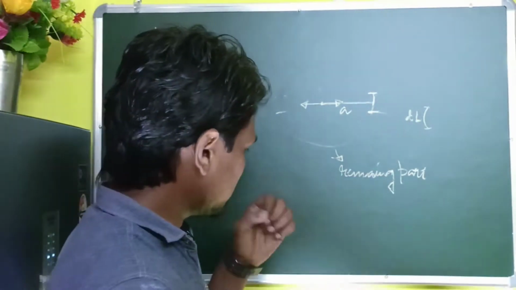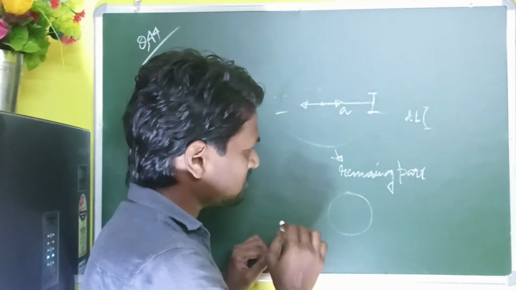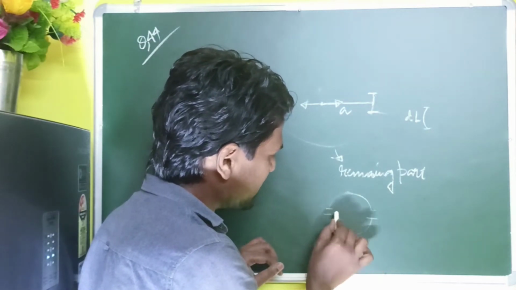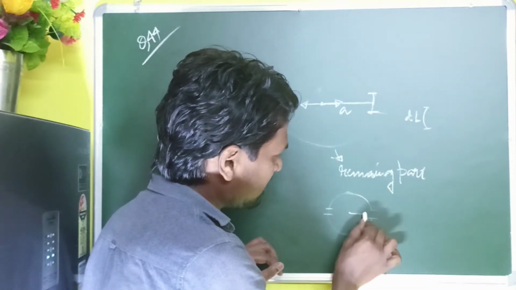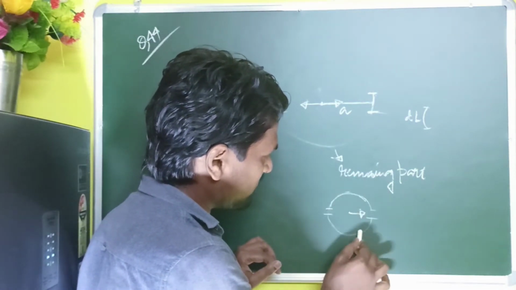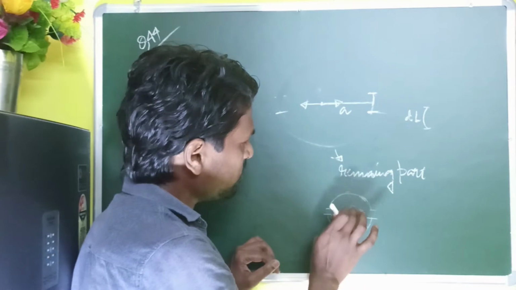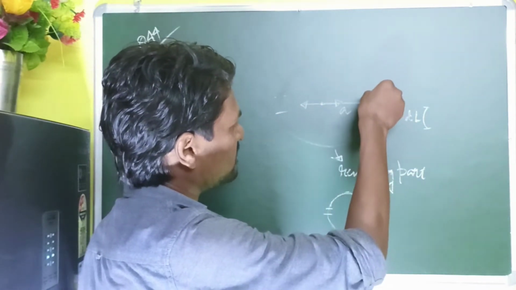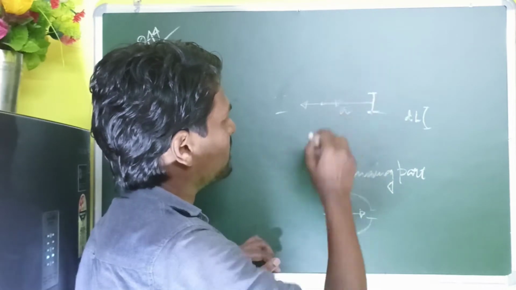So this is the total circle, and if a small portion is cut, then the remaining part exerts a repulsive force along this direction, but that and that cancel each other.